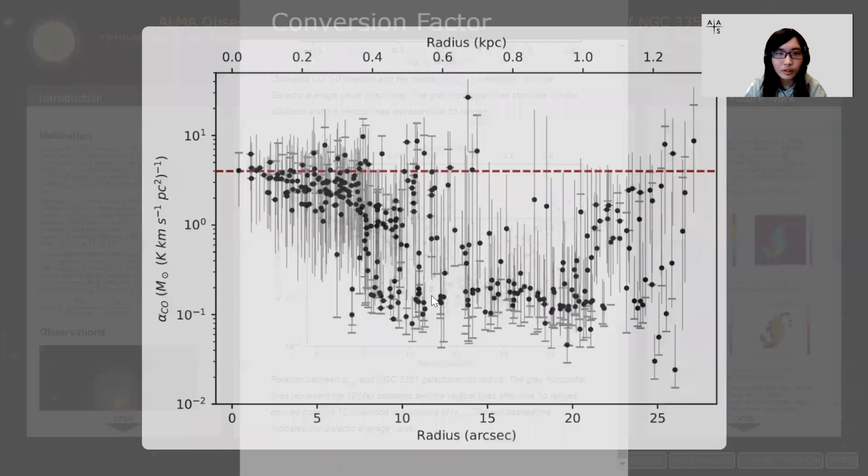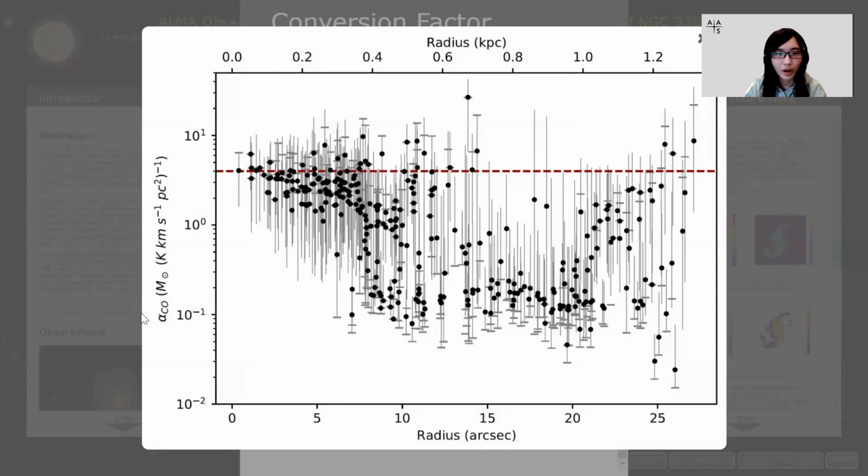And another plot here shows the relation between the derived alpha CO and the galactocentric radius of NGC 3351. Again, we can see there is a clear drop in the alpha CO values at around a radius of 10 arcseconds, which is exactly where the spiral arms and the ring intersect.